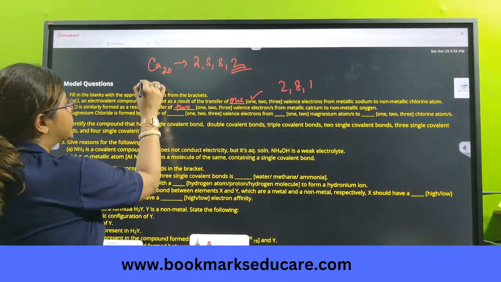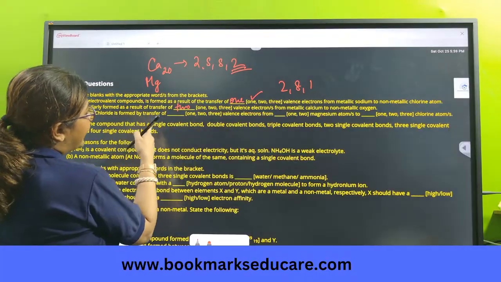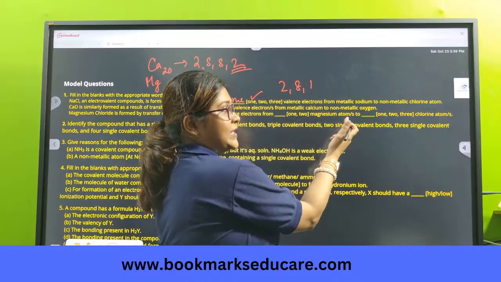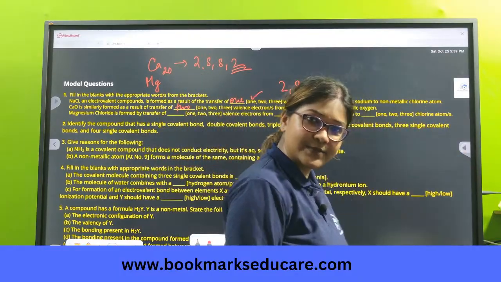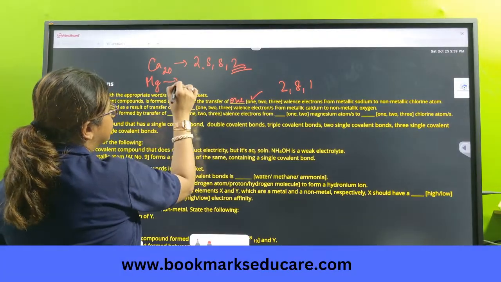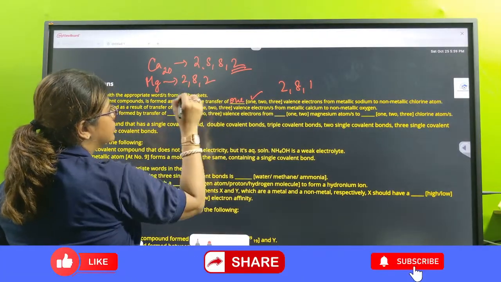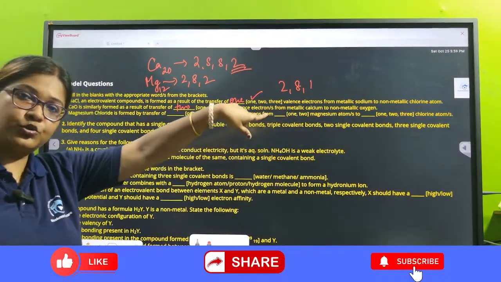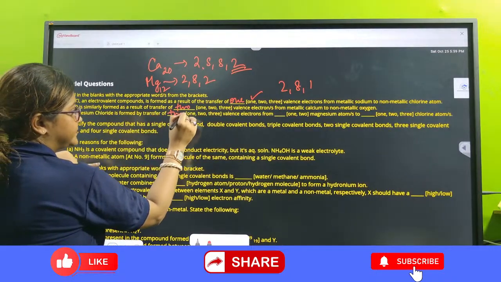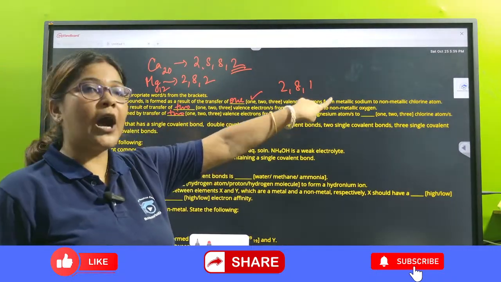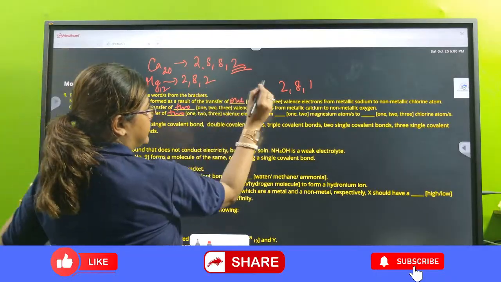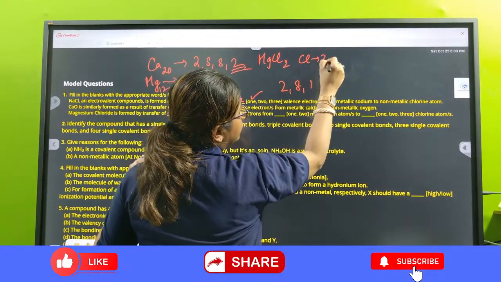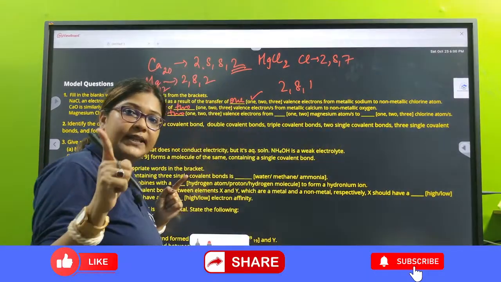Magnesium chloride also is formed by transfer of how many valence electrons from how many magnesium atoms to how many chlorine atoms? Magnesium has 2, 8, 2, 12. So it will transfer 2 valence electrons. Chlorine has 2, 8, 7, that means 1 electron shortfall.